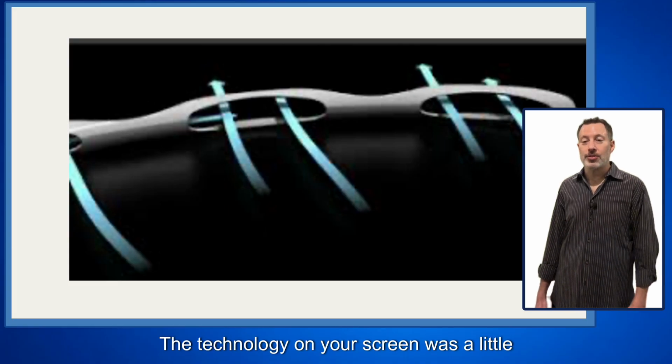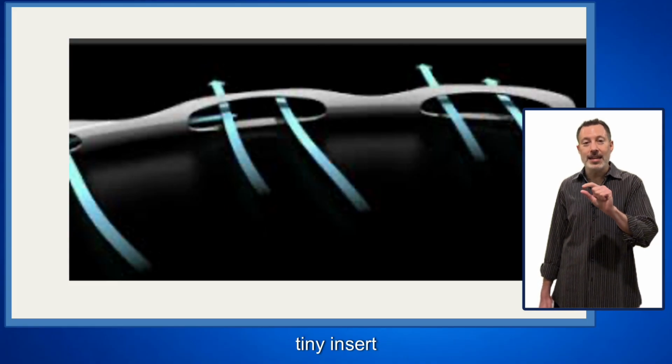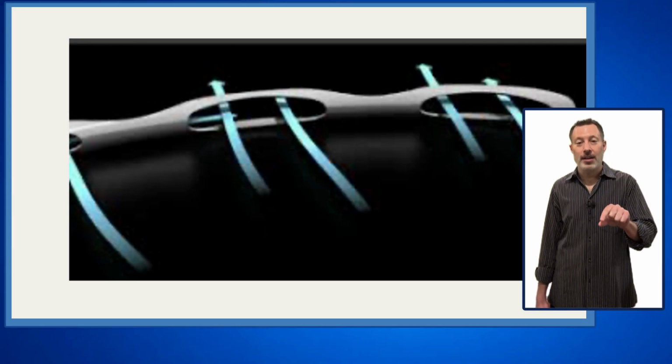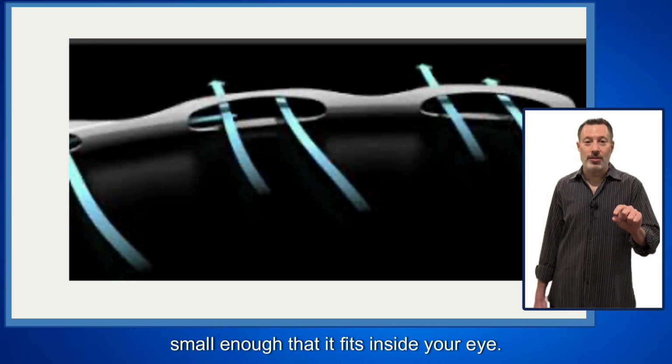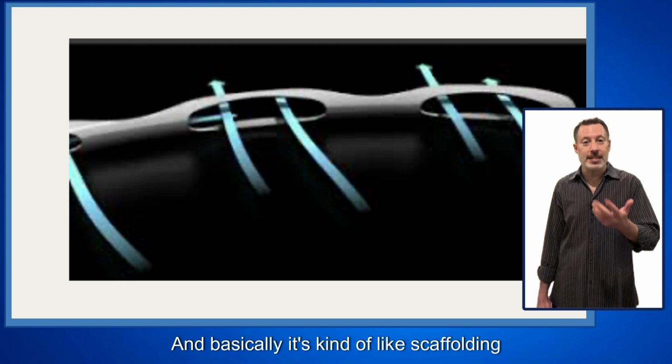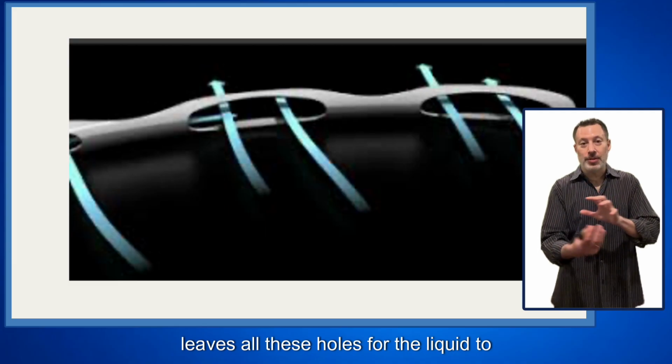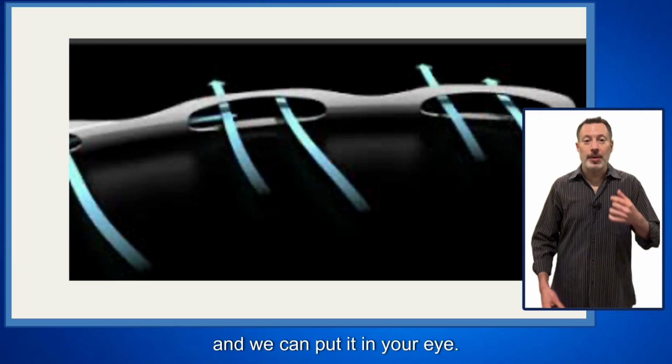The technology on your screen was a little tiny insert made of a material that I could put into your eye, small enough that it fits inside your eye. And basically it's kind of like scaffolding that goes into Schlemm's canal, holds it open, leaves all these holes for the liquid to flow so it can still drain, and we can put it in your eye.